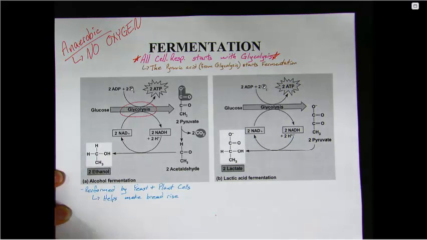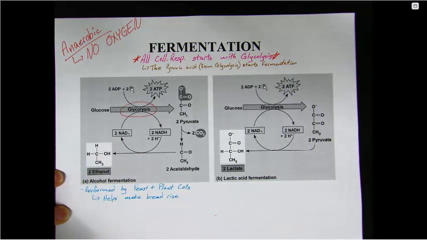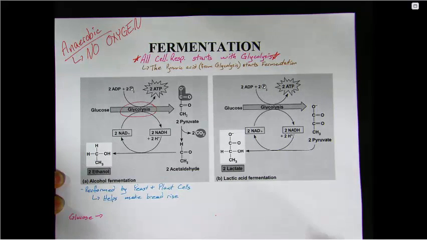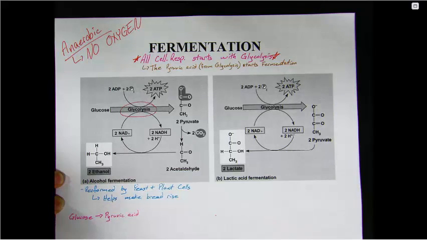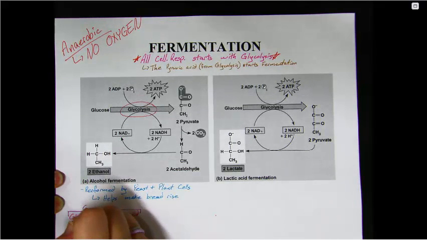Now, if I were to write out the equation, we would start with glucose, and that would be turned into pyruvic acid. This initial process right here is glycolysis.